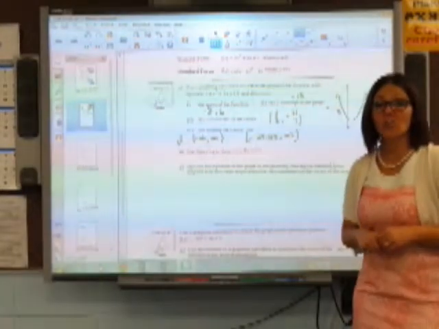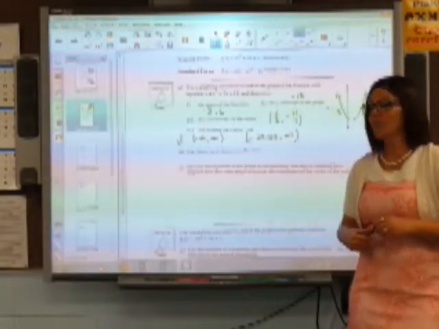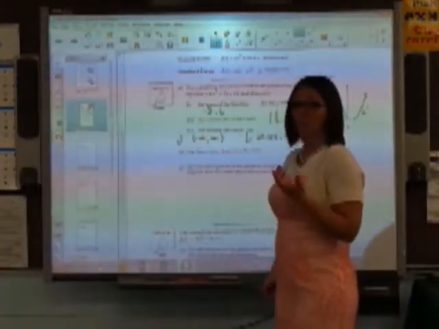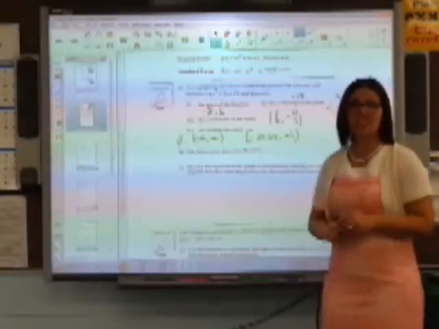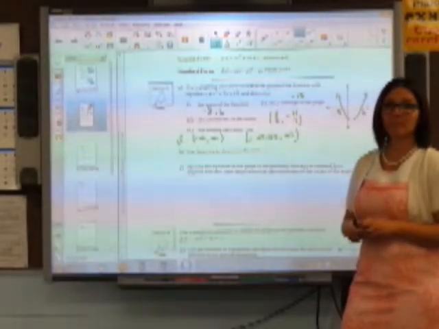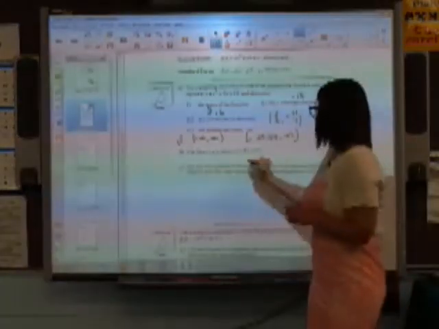When I'm dealing with quadratics, we have a couple of ways of factoring them. If my coefficient in front of x squared is 1, we do factoring by inspection. Two numbers that multiply to negative 18 and add to negative 3. Negative 6 and 3.